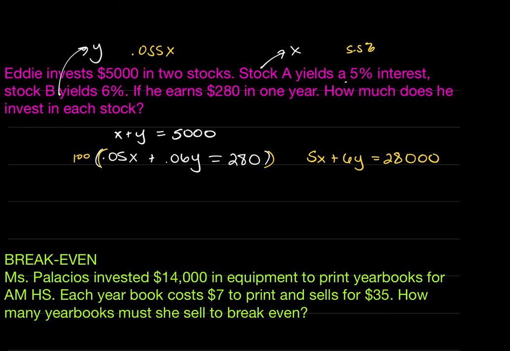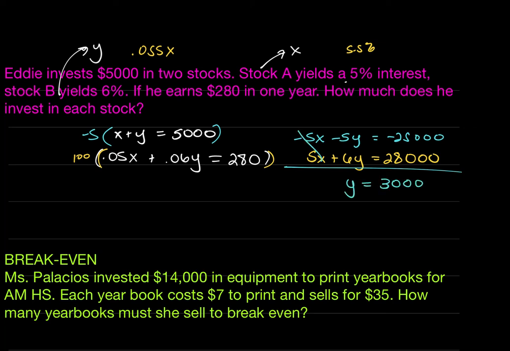Okay, so now, you could use substitution, but I tend to use elimination with these. You can solve for x or for y in the top and use substitution, or I can multiply everything by -5 and set up for elimination. So these are going to cancel, and y would equal 3,000.